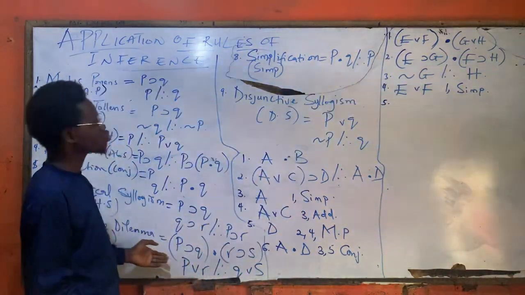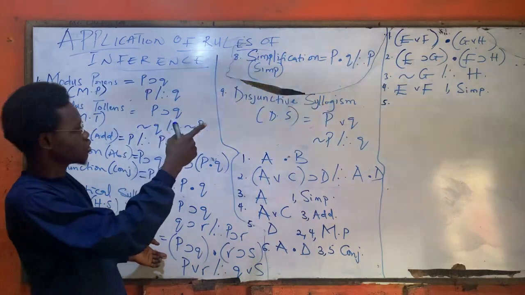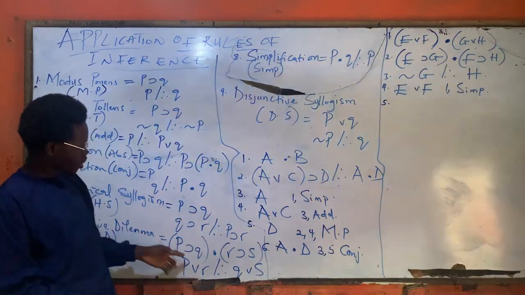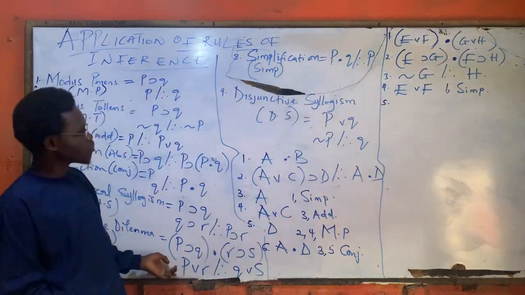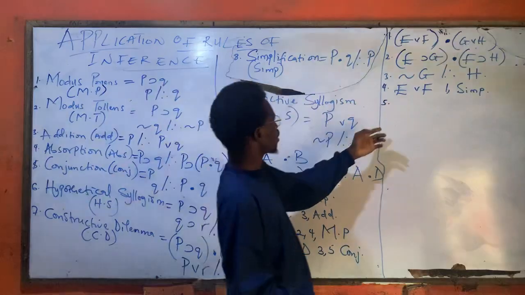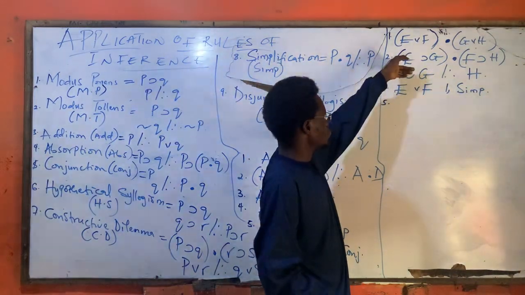In our line 2 and line 4, line 2 says E implies G and F implies H. Constructive dilemma says P implies Q and R implies S, and the second premise says P or R. Here, line 4 has already served as the second premise for line 2.